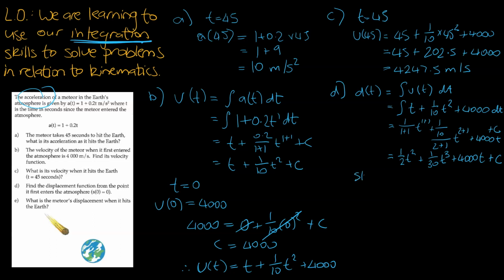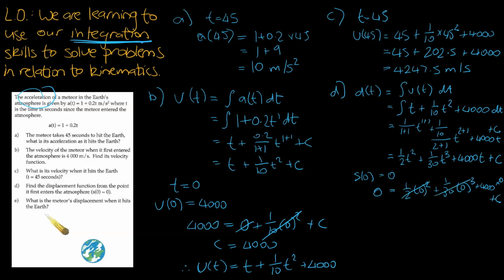And what it's told us is the displacement would be equal to 0 when time is equal to 0. So that means 0 is going to be equal to 1/2 of 0 squared plus 1/30 of 0 cubed plus 4,000 times 0. And then we're going to add c to that as well.